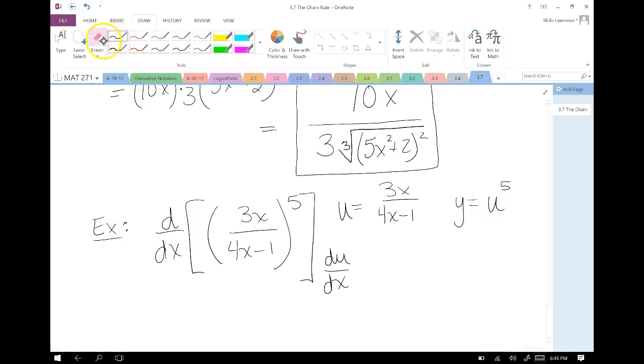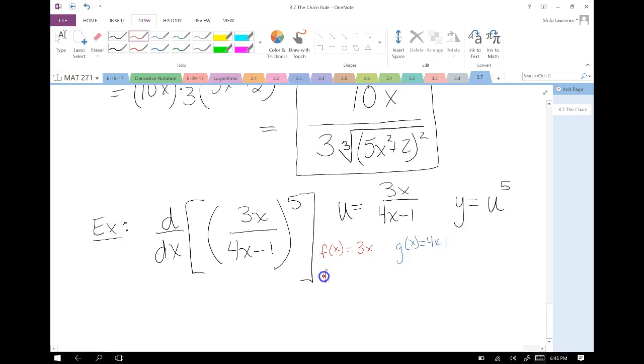So now if you want to, you can split u up and say, well, f of x is 3x, g of x is 4x minus 1.